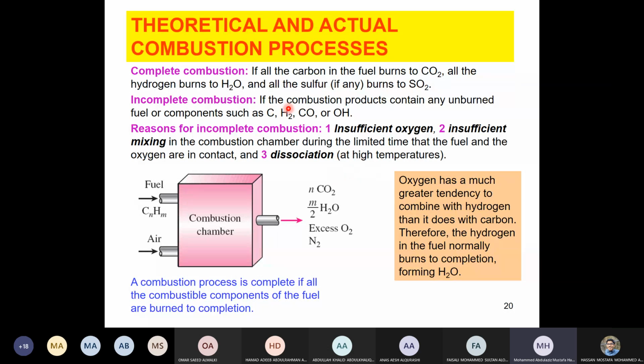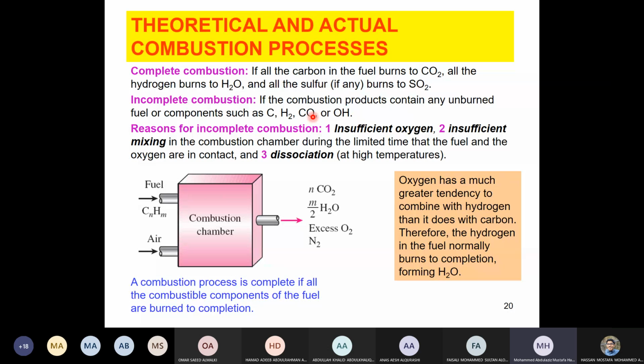Incomplete combustion means that the combustion products contain some unburned fuel like carbon, hydrogen, or carbon monoxide. This is when you test your car and it fails, for example, because it has a lot of carbon monoxide in the products. Then you have to adjust the carburetor or the injection, the mixing process.